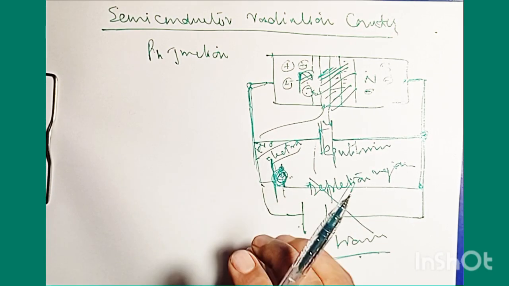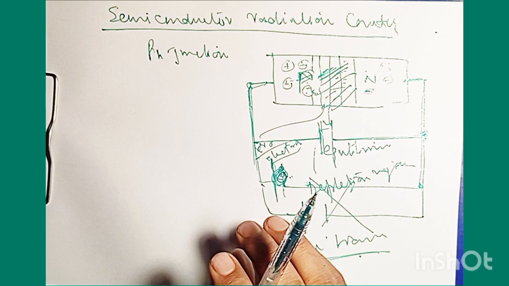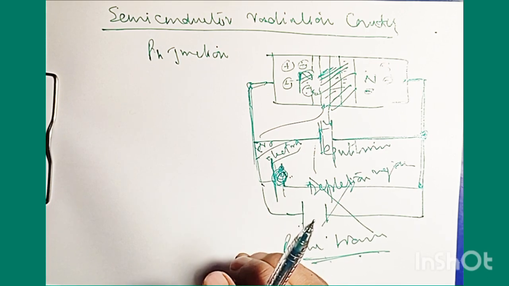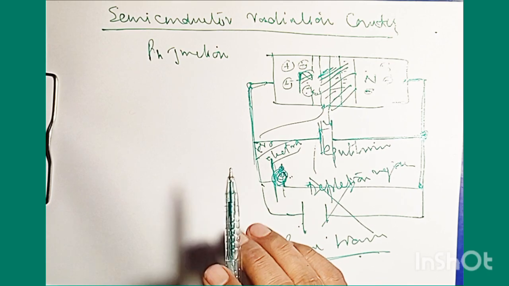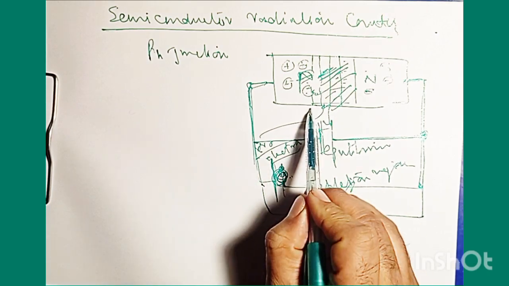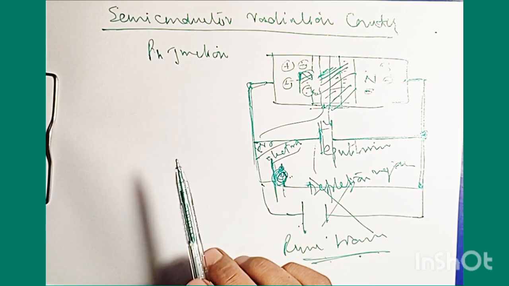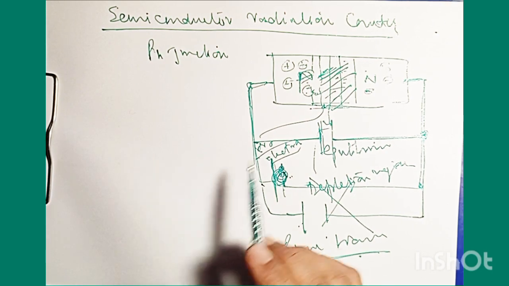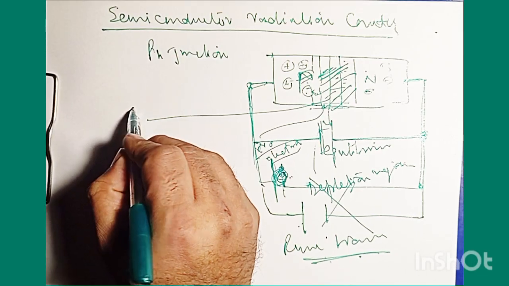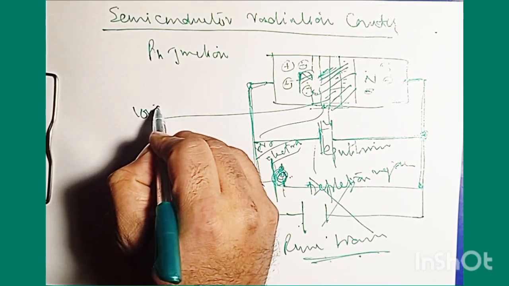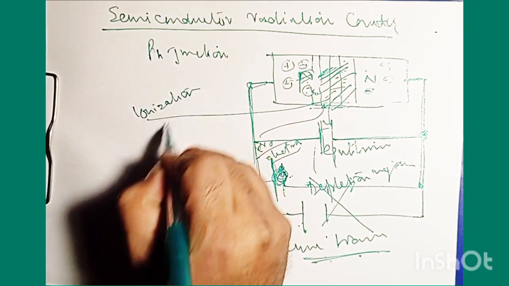The doping should have been perfect, and there should be a good thickness in this depletion layer. So this depletion layer behaves like an ionization chamber.